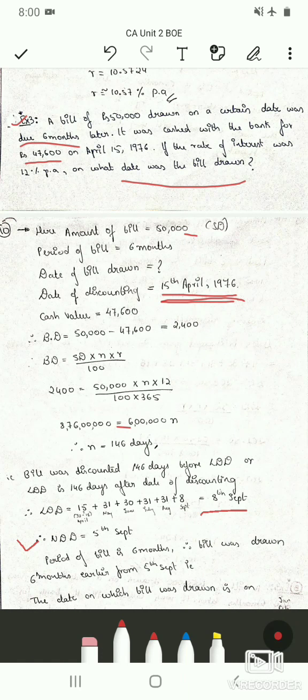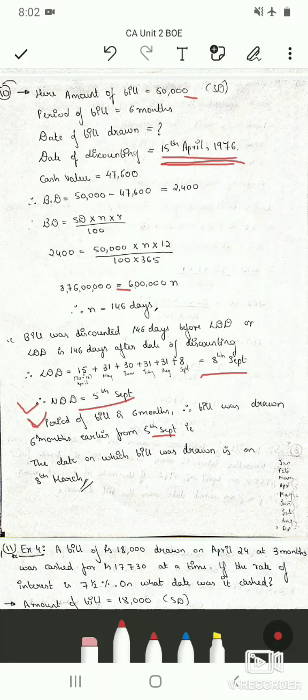Then what will be the nominal due date? 3 days previous to legal due date, which is 5th September. So now the period of bill is 6 months, and we have nominal due date as 5th September. So the bill will be drawn 6 months earlier from 5th September. Therefore from September you have to go 6 months back.